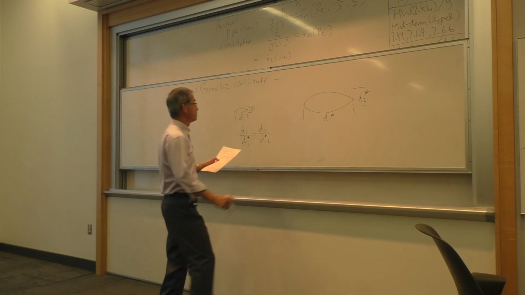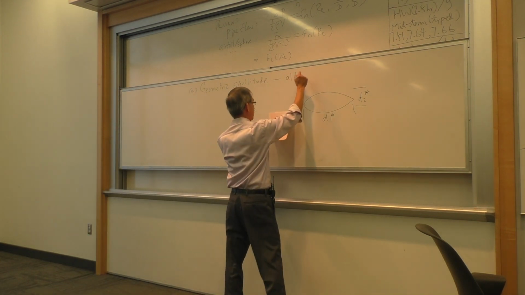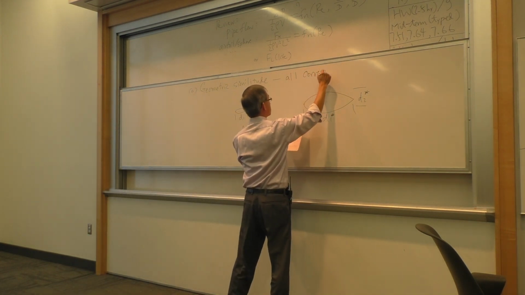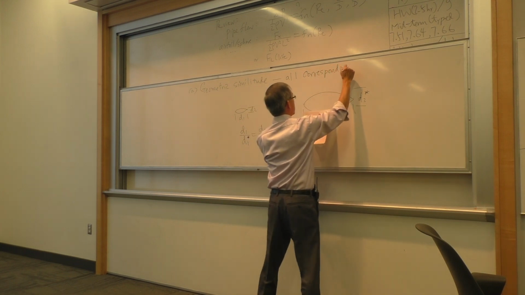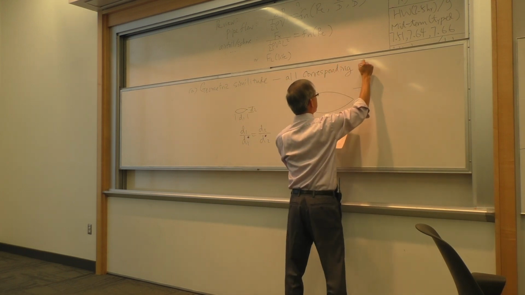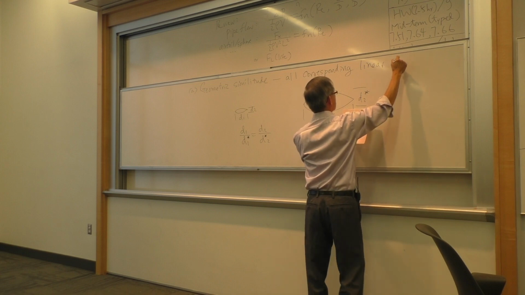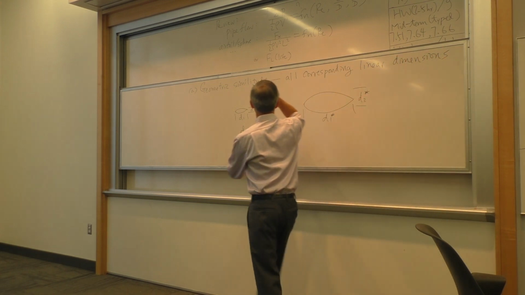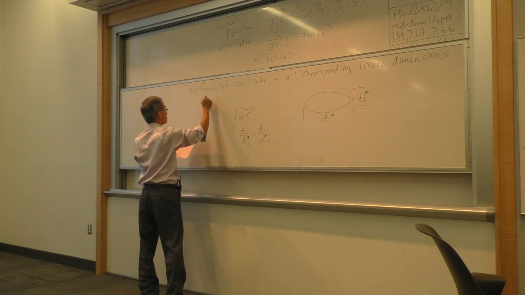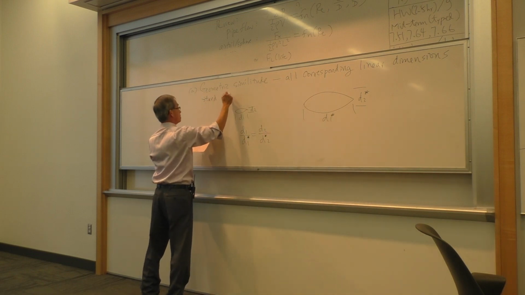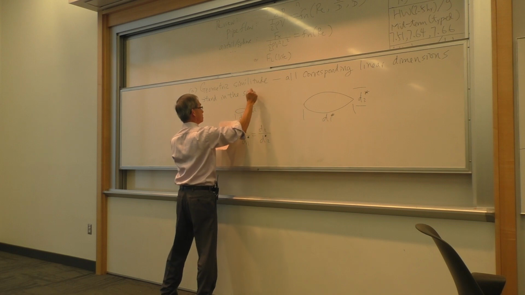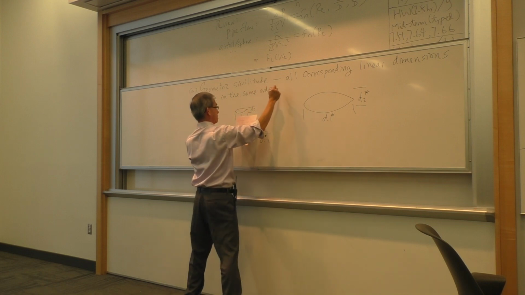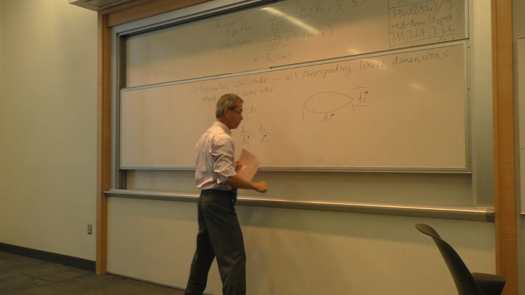So geometric similitude in words is that all the dimensions, width, length, depth, must be proportional to each other. Same ratio to each other.